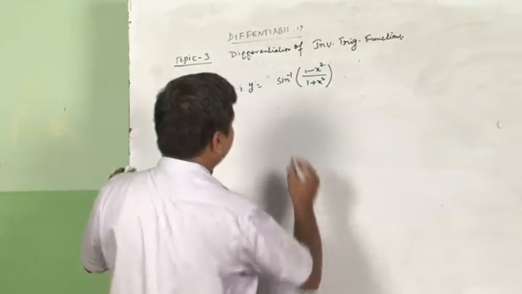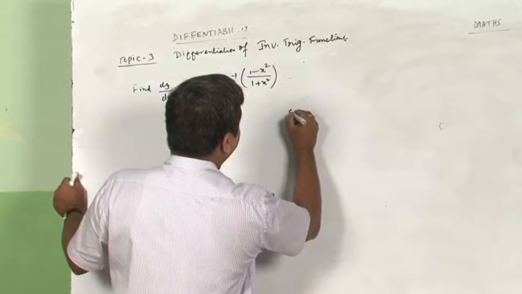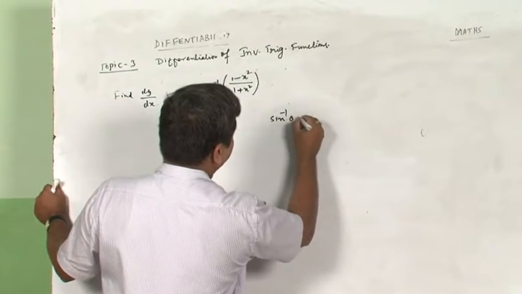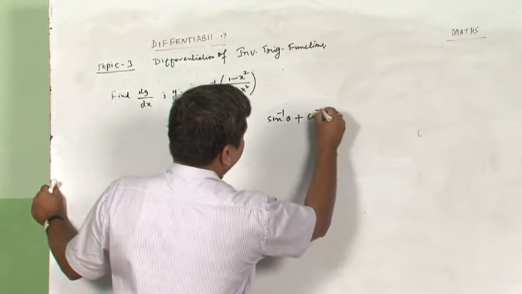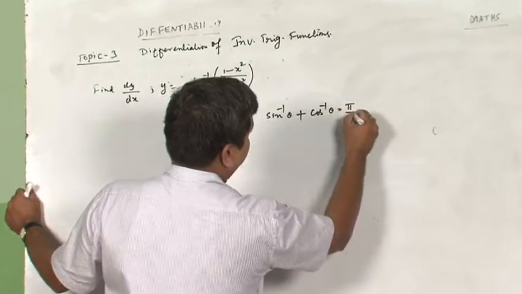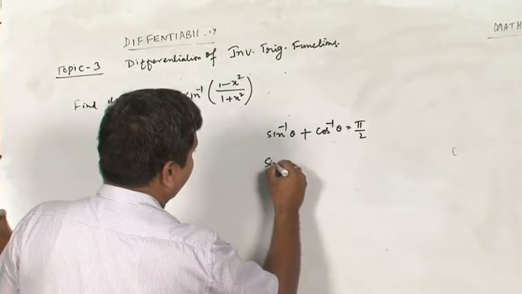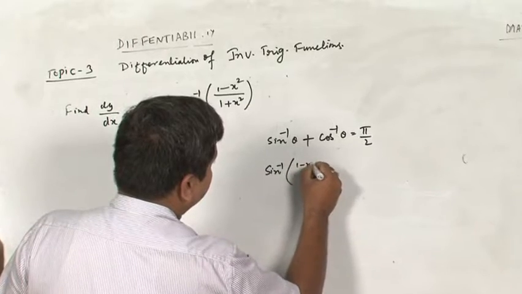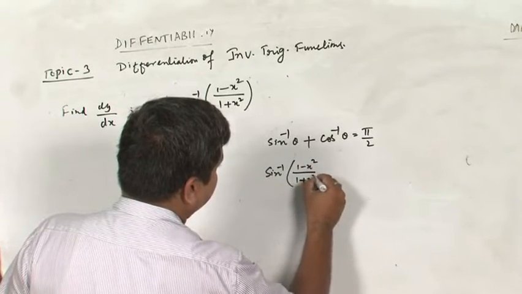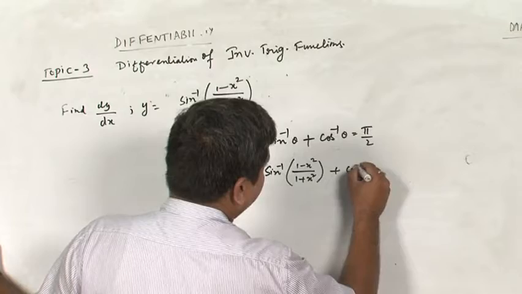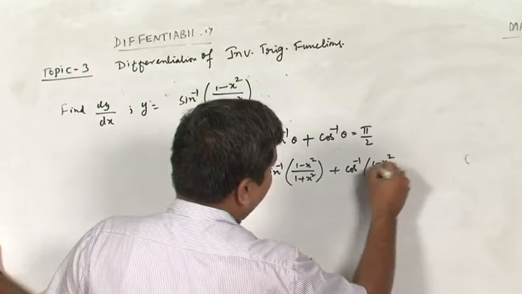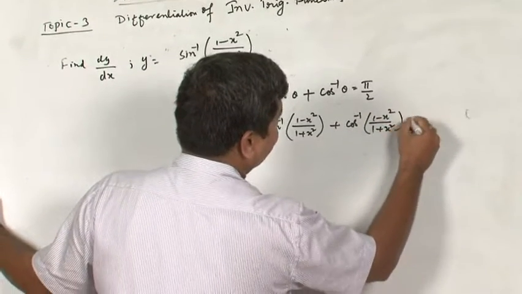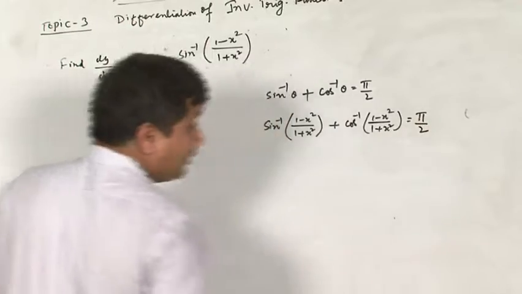You look at the beauty of this problem. We know that sine inverse theta plus cos inverse theta is equal to pi by 2. It means sine inverse of (1 minus x square) upon (1 plus x square) plus cos inverse of (1 minus x square) upon (1 plus x square) shall be equal to pi by 2.